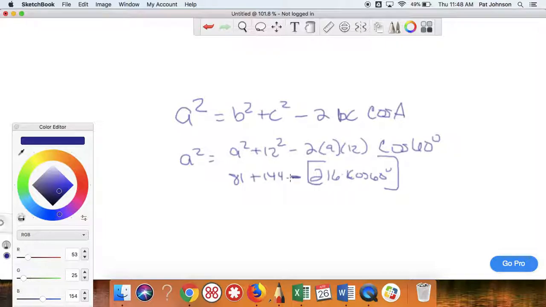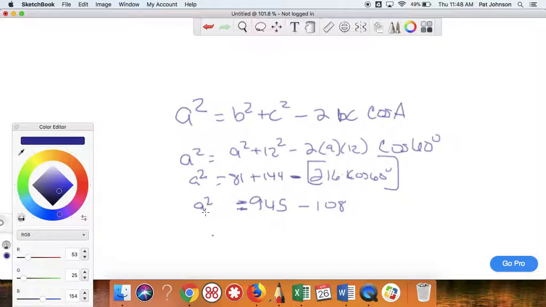Then 81 plus 144 is going to be 945. Remember, this all equals a squared. Don't leave the left side out because then you'll forget what you're really doing here. Then 216 times cosine of 60 is going to be 108. So then I get 945 minus 108, and I get 837, and then I need to take the square root of that value.